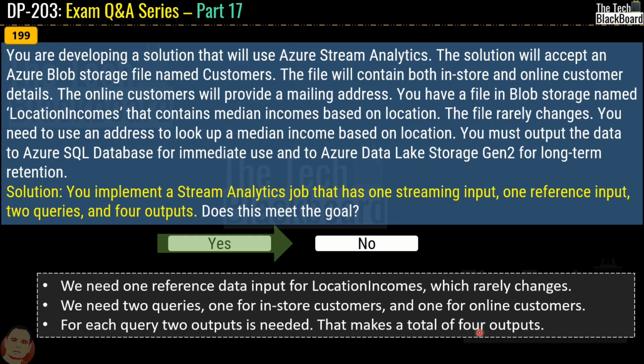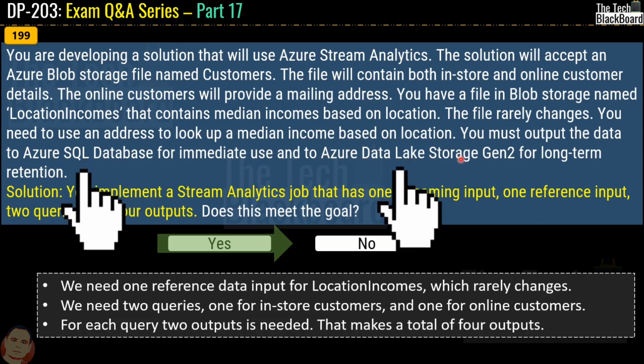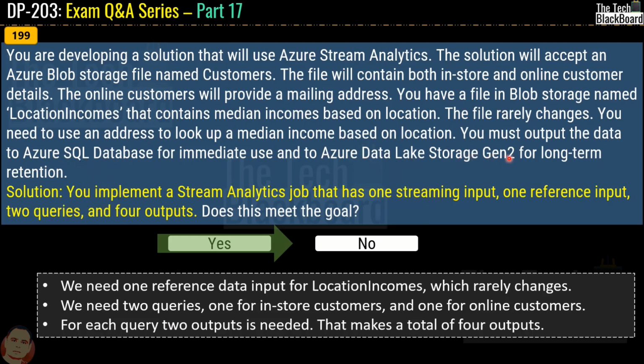So from where exactly do I get these two outputs? Here in the question, you can see that we have two outputs. One is Azure SQL database and the other one is Azure Data Lake Storage Gen 2. So hopefully you understand we have two outputs, but for each output we have two types of customers. One is in-store and one is online. So that's why we now have 4 outputs.